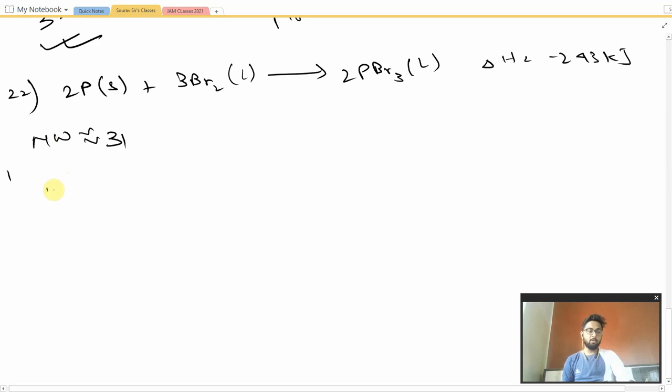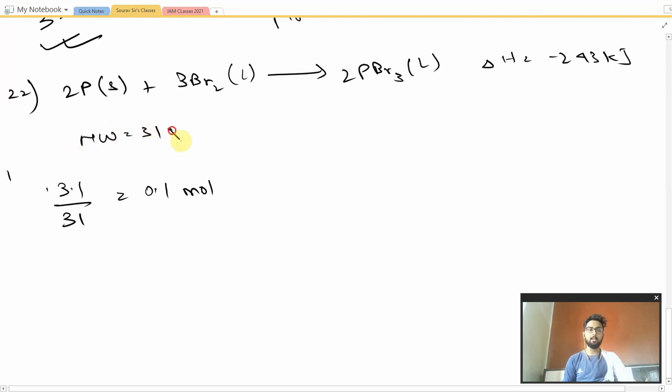The total number of moles taken is 3.1 divided by 31, which gives 0.1 mole of phosphorus. The atomic number is 15, but that is not a consideration. The molecular weight of one phosphorus is 31 gram.